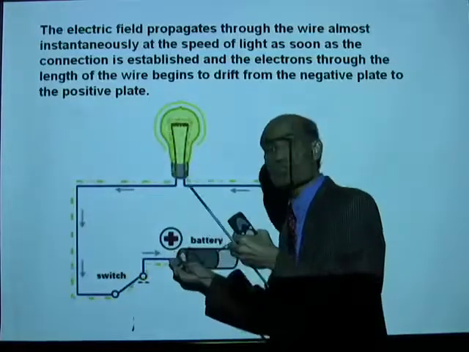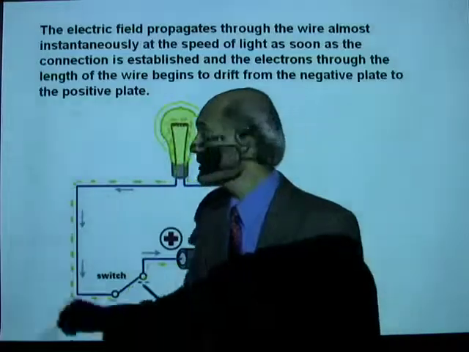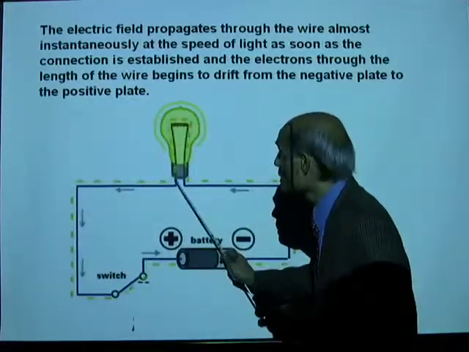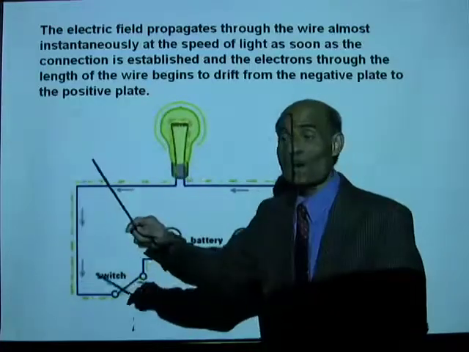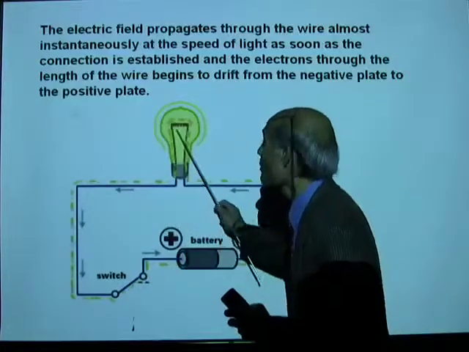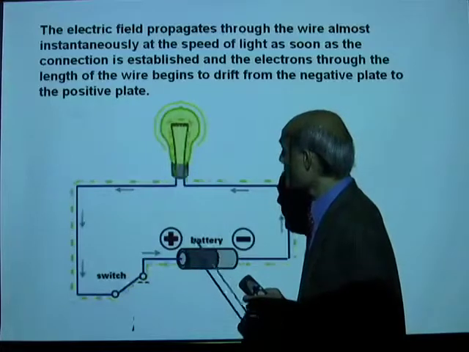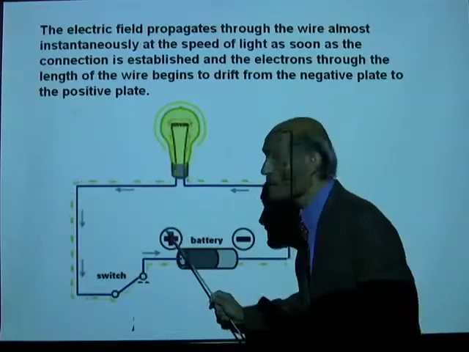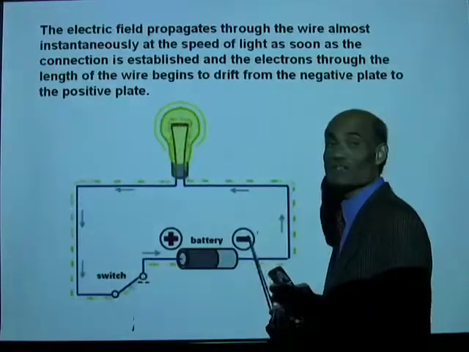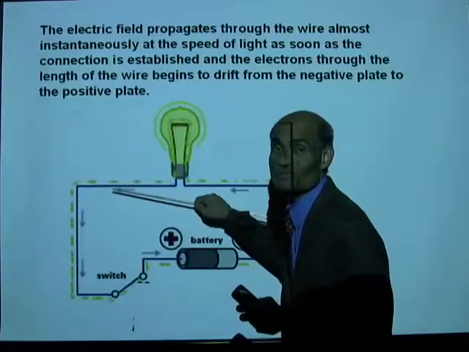So when you establish a connection between the positive electrode and the negative electrode by means of a good conductor, and you can see in place of the meter that I showed you in the demonstration, we have an electric bulb in here. So look at the drift of the electrons. The electric field is propagated from the positive to the negative, and electrons drift in the opposite direction.